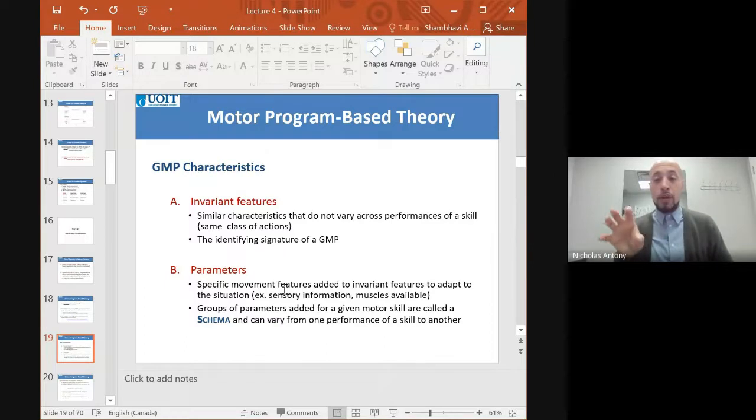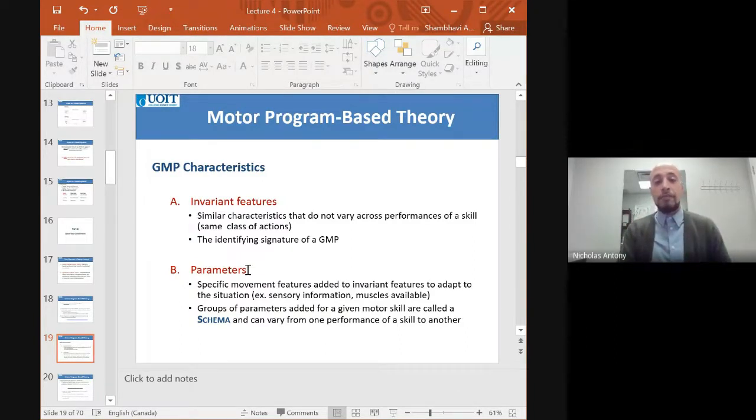each motor program that you've remembered is associated with a class of actions that have the same invariant features. And we'll discuss what that means, but they have the same invariant motions.